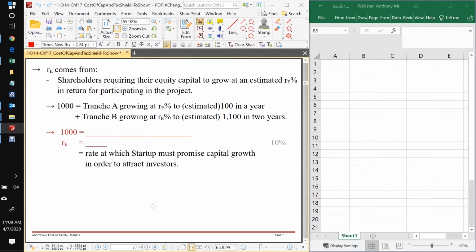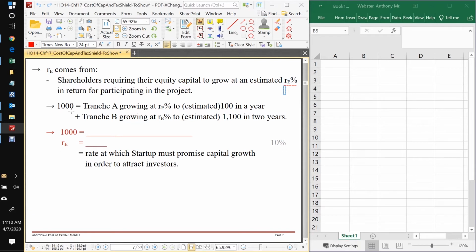So in this case, the cost of equity capital is coming from the shareholders requiring that equity investment to grow at an estimated rate of RE. They're doing that in return for participating in the project. They're demanding that the money they put in grow at RE%. So it works like this.